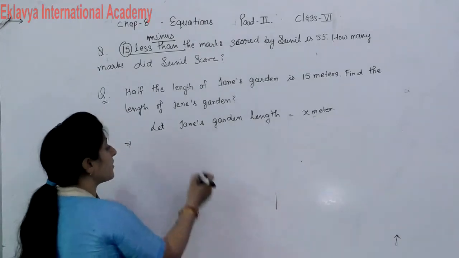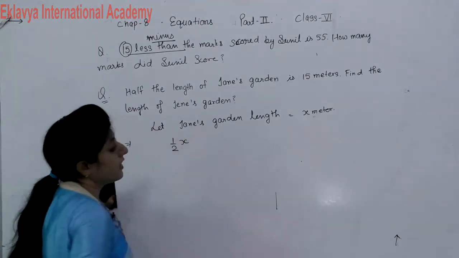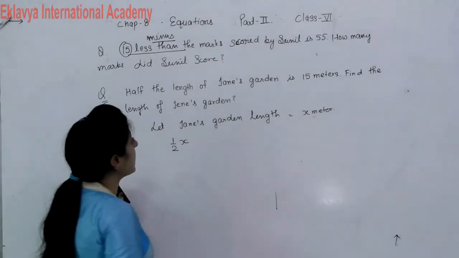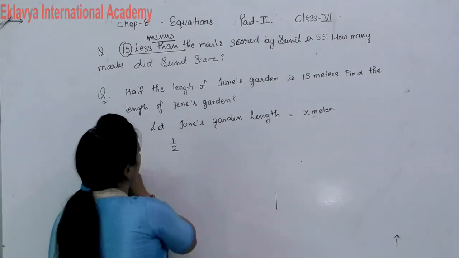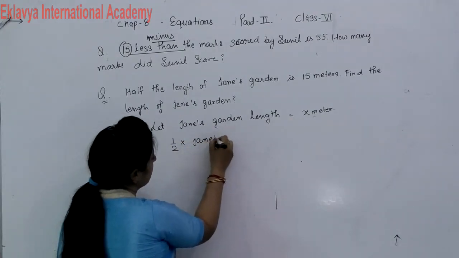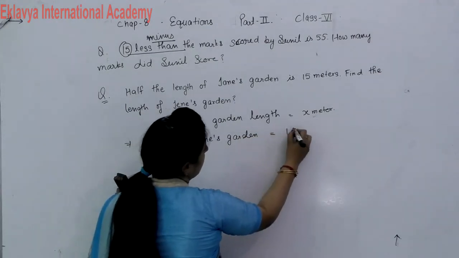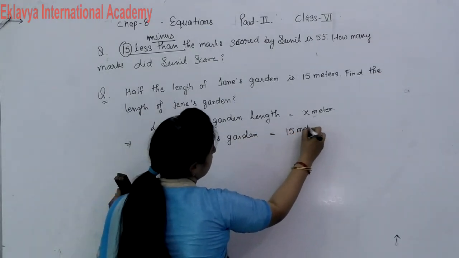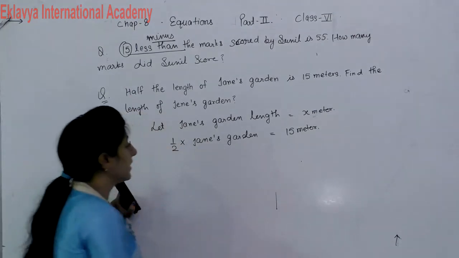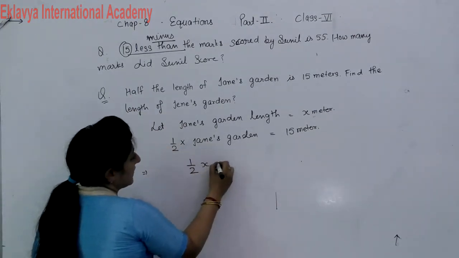Half the length of this, half means 1/2 of x. Half the length of Janus Garden is equal to 15 meters. Then it becomes 1/2, Janus Garden length is x.